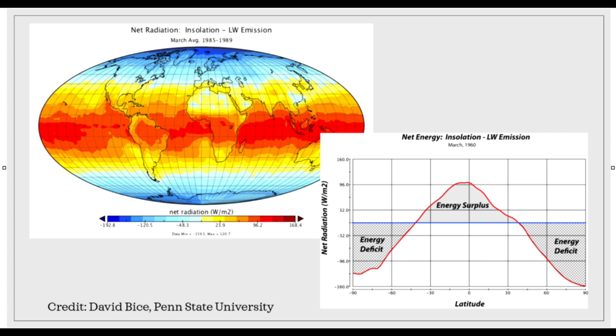So, that data is demonstrated there in the graph on the bottom right. That shows the abundance of net radiation in the low latitudes around the equator here, and the deficit of net radiation at the high latitudes towards the north and south poles.